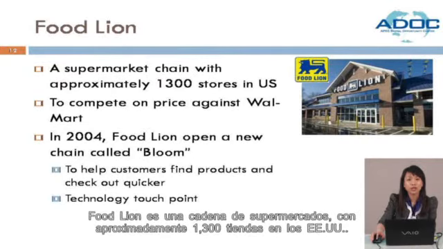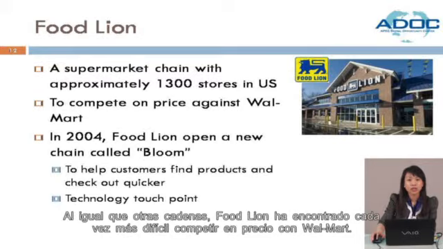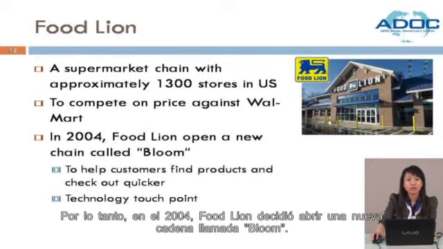Food Lion is a supermarket chain with approximately 1,300 stores in the U.S. Like other chains, Food Lion has found it increasingly difficult to compete on price against Walmart. Therefore, in 2004, Food Lion decided to open a new chain called Bloom.